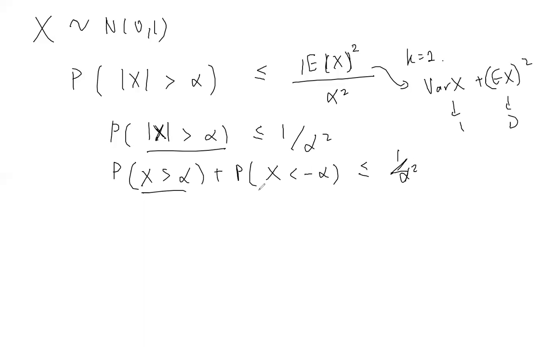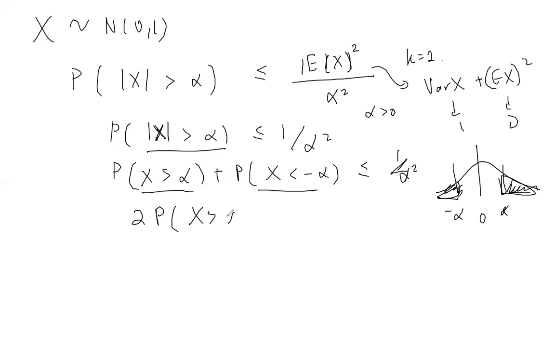Since this is centered at 0 and alpha is positive, alpha here and minus alpha here, these two parts are symmetric. So you can say that this is twice the right tail, and therefore you can have a bound that is like this.